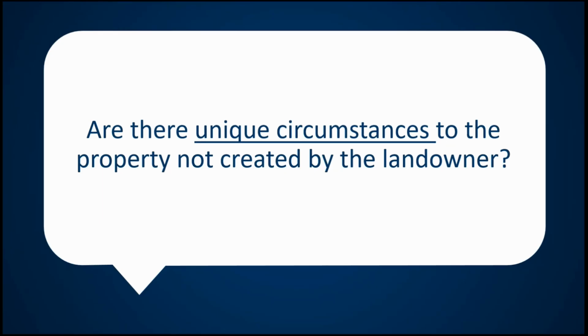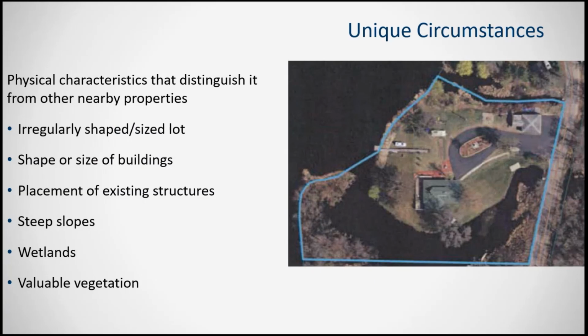The first criteria we're going to look at under practical difficulties is unique circumstances. So in this case, the question is, are there unique circumstances to the property not created by the landowner? Now, when we think about that, there are some considerations, and these include a variety of property and topographical or physical considerations.